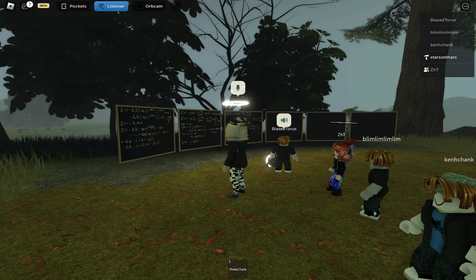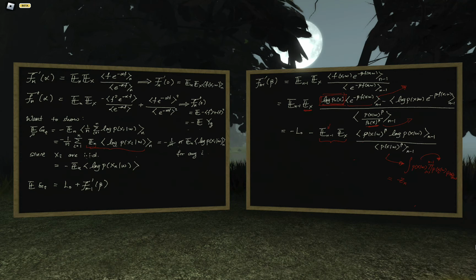And then there's this thing to care about, which is, well, this is E_n, but without the expectation over the entire data set, but without the last one. But you can replace that with, you can sort of treat the new test data as training data, as playing the role of X_n.